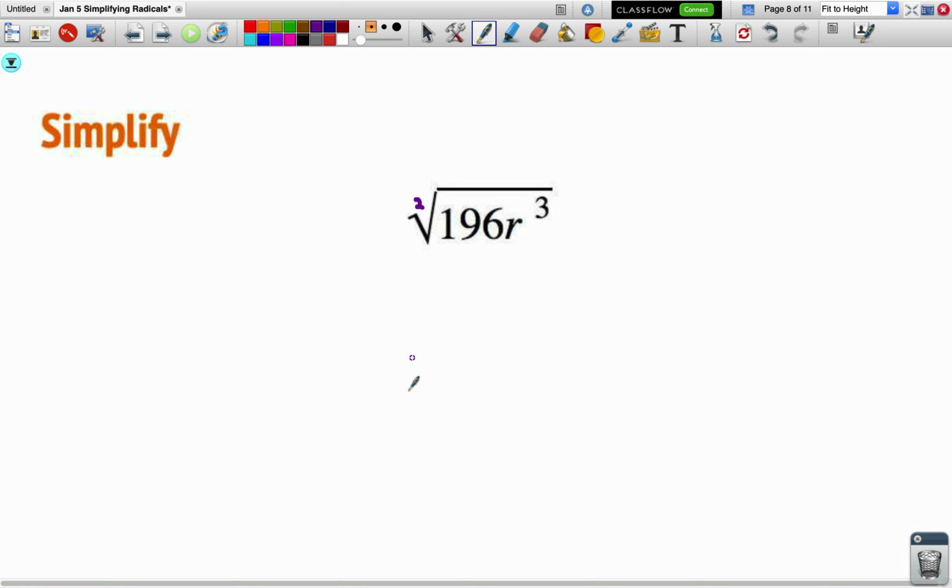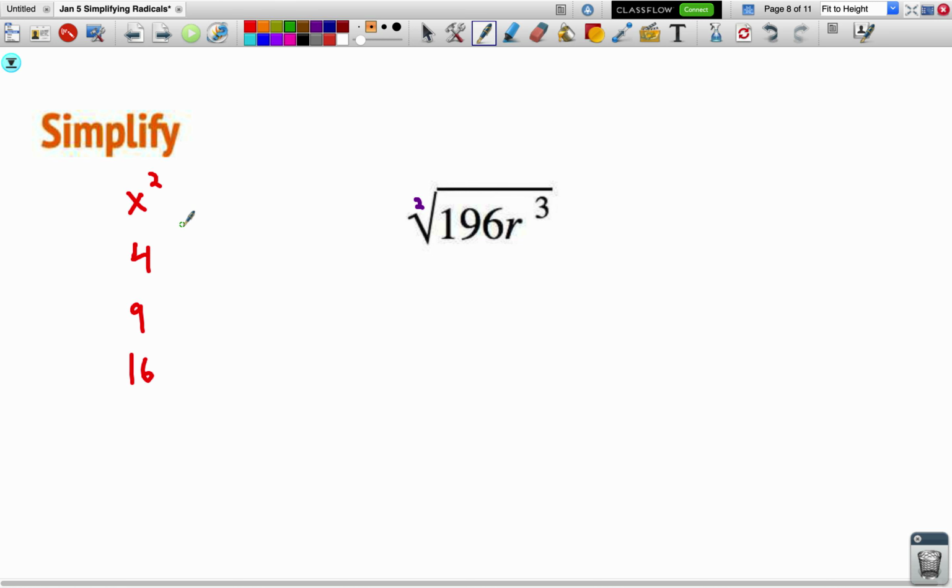All right, let's do another one. Index is still a 2. We're still doing square roots, so we're looking for perfect powers of 2 that we can pull out from this. So let's say I didn't copy down that many perfect powers of 2. I just got 4, 9, and 16, and I don't have enough to go all the way up to 196. Well, it's okay if we take out a number that's not the largest perfect square factor of 196, as long as we check again to make sure that there aren't any more left.